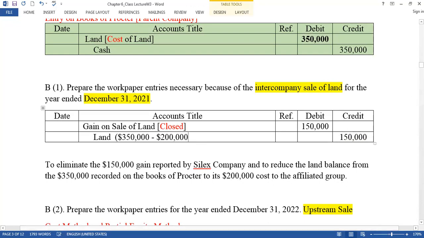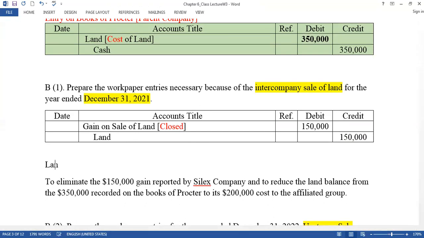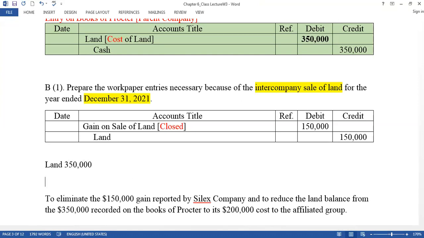If this calculation is confusing, you can see here. Before, we recorded land debit $350,000. Now land credit 150,000.